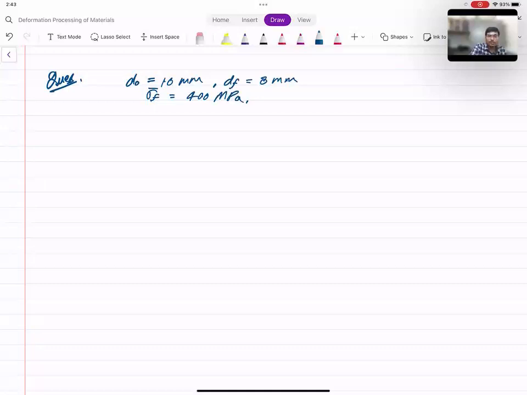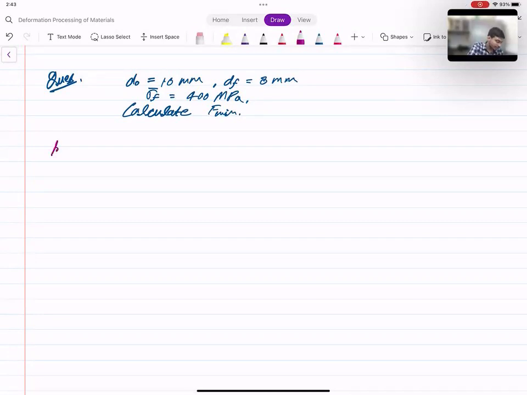Okay. And we need to find the minimum force required. Calculate F. Okay, so let us see the solution. These are simple questions needing substitution and some manipulation of values and then substitution into the standard equations.